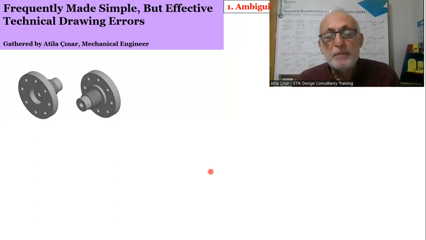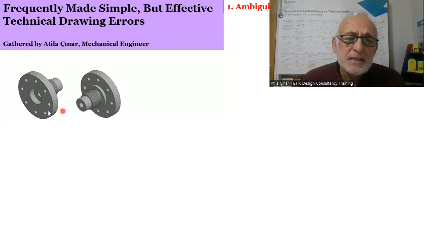In this first video, I will talk about a mistake which I call ambiguity caused by the projection method used while making the drawing. It's a simple machine part.